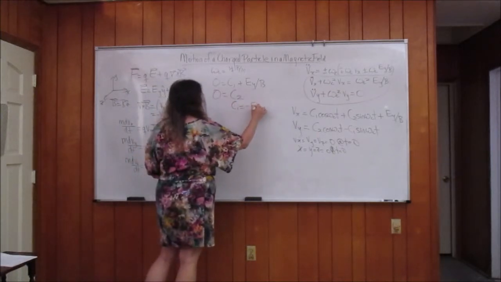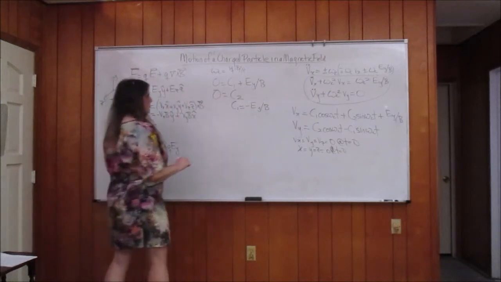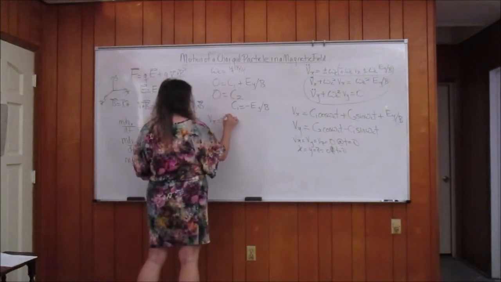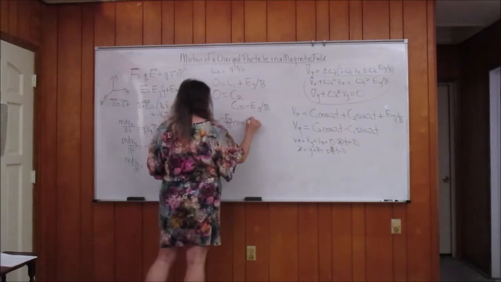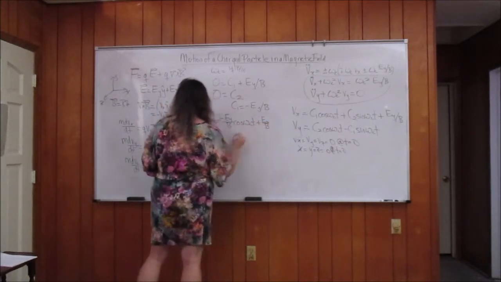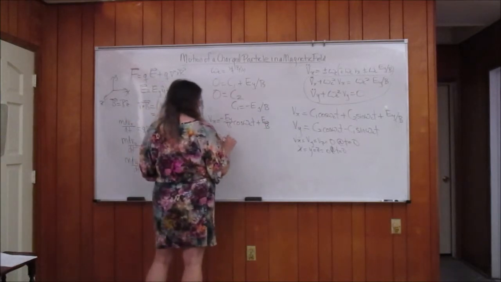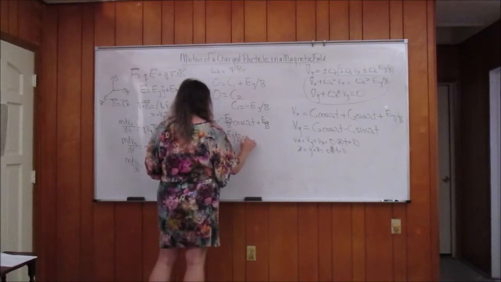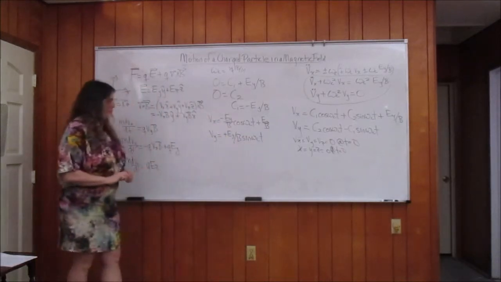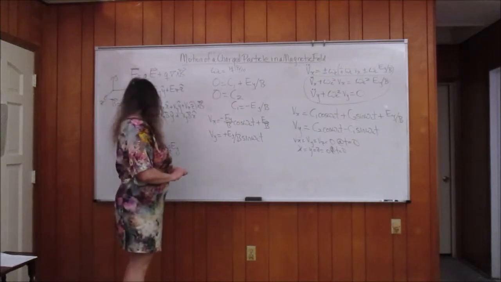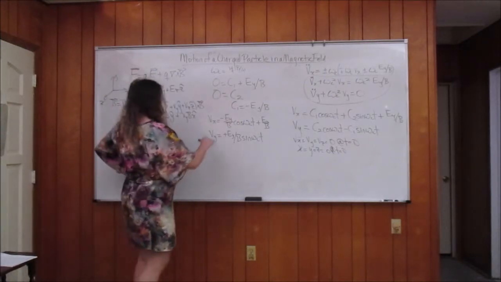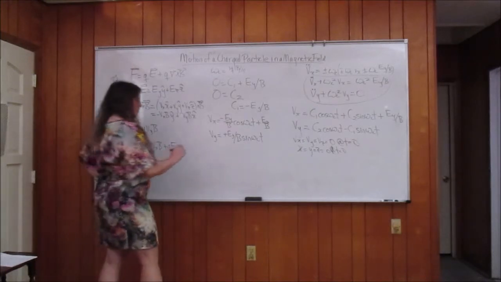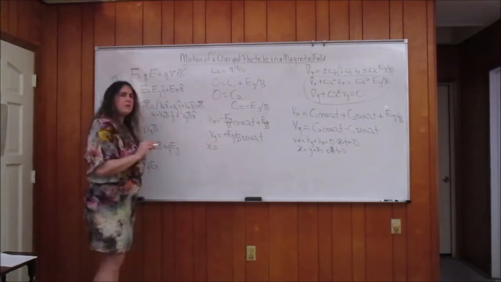And therefore C1 is equal to Ey over B. And now I'm going to integrate these one more time to figure out equations of x and y as a function of time.